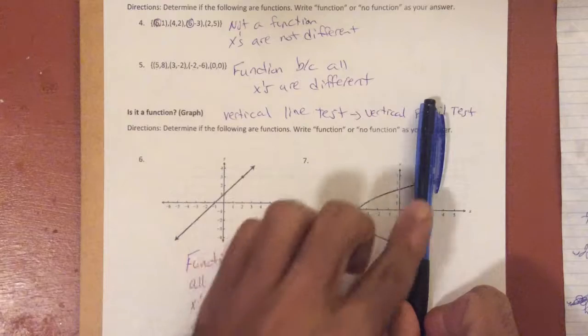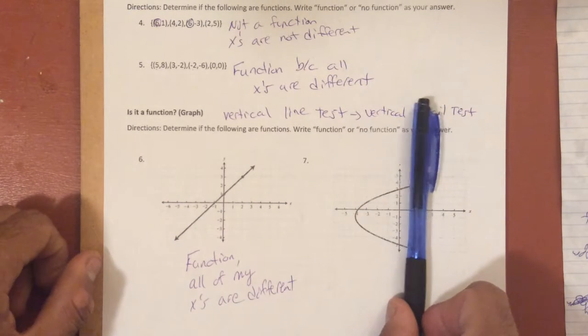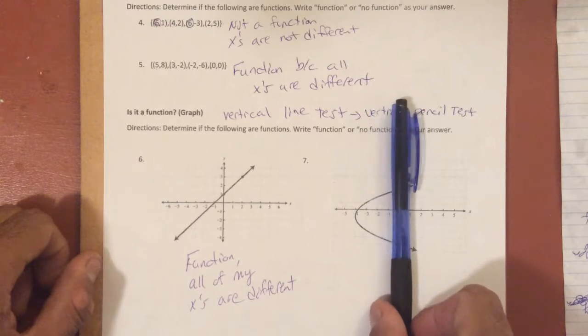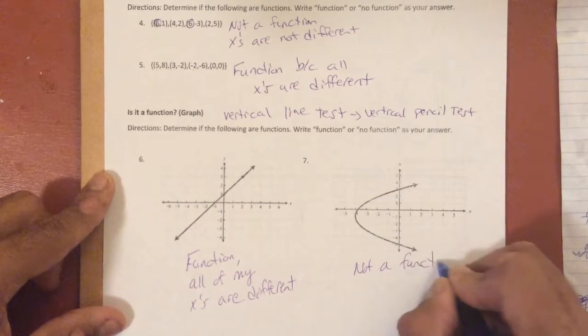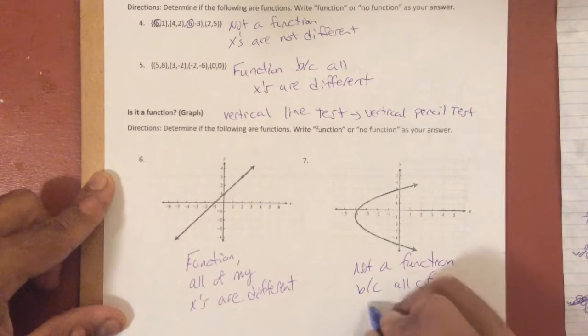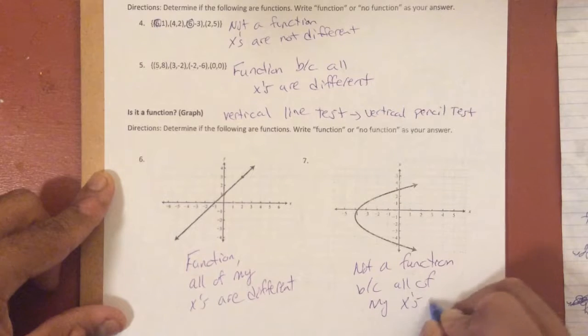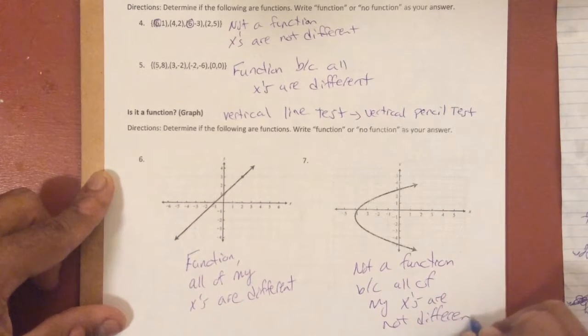Here, same thing. You see, I'm touching that sideways U at 2 times anywhere I put my pencil at. So automatically, that tells me this is not a function, because all of my x's are not different. In other words, they're the same.